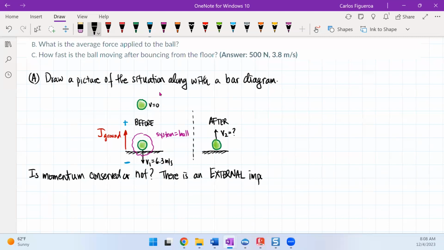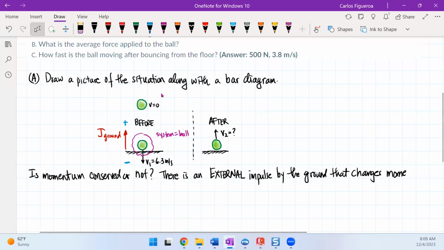impulse by the ground that changes momentum. Right?